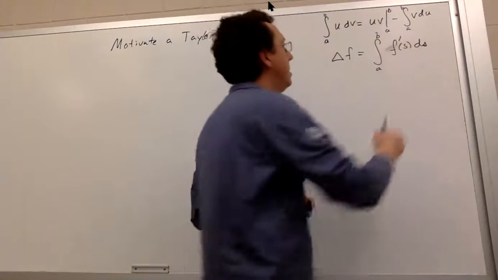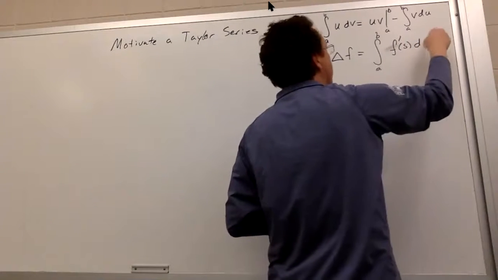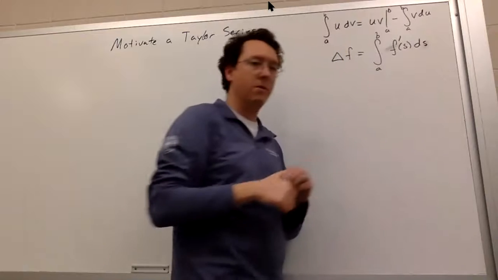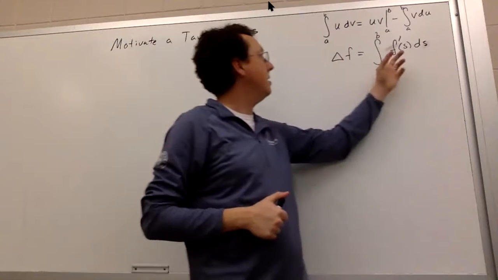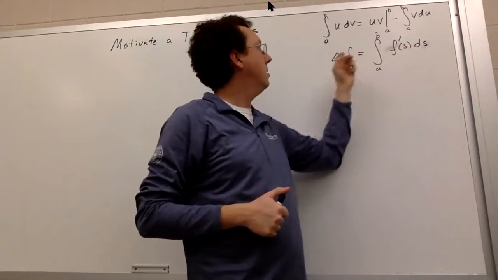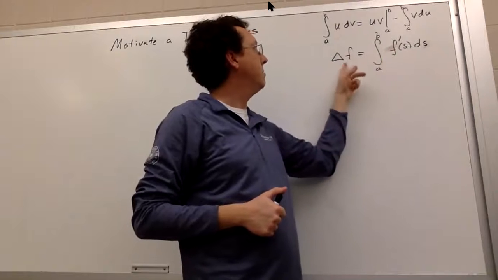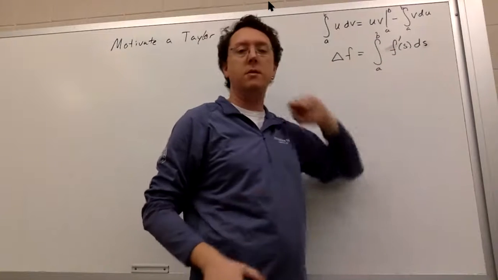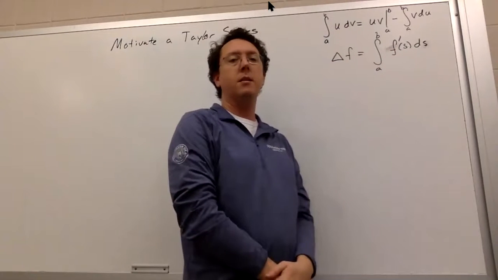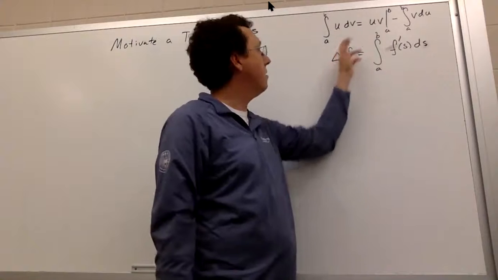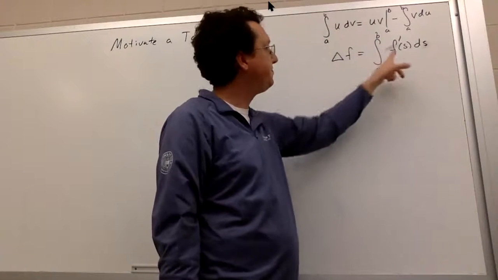So the idea here is, it's the fundamental theorem of integral calculus, that the integral of a derivative simply evaluates the difference in the differentiated function, evaluated between the limits of integration.